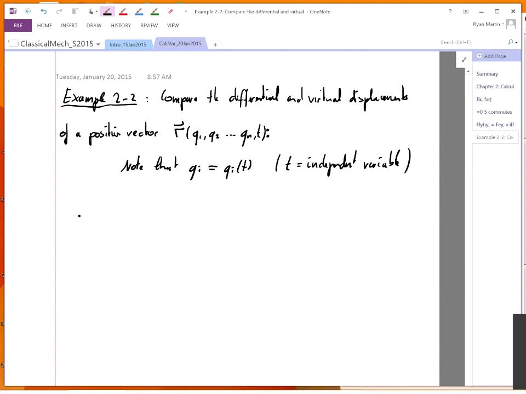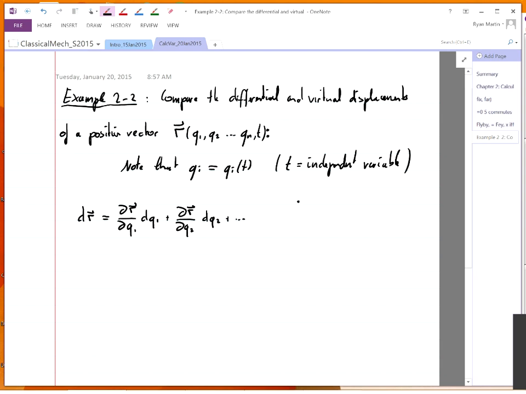And so the true differential displacement, dr, so that's just calculus applying the chain rule. So that's going to be ∂r vector by ∂q1 dq1 plus ∂r vector by ∂q2 dq2.